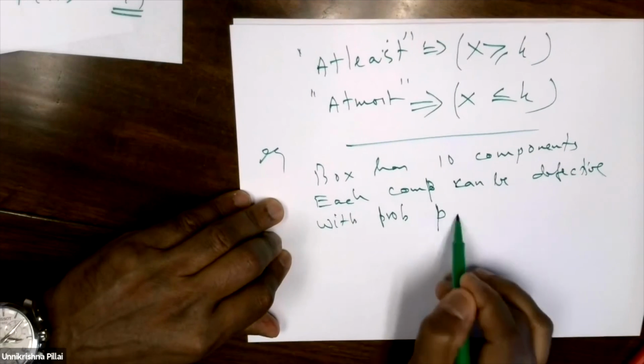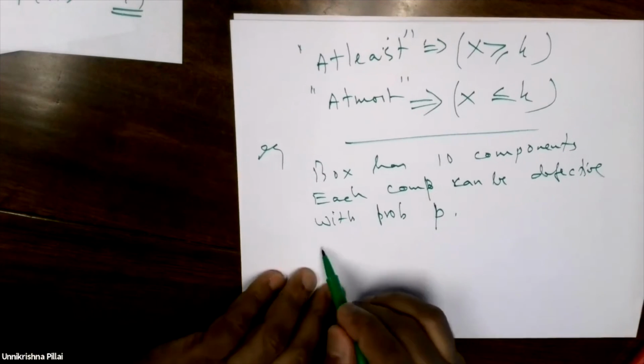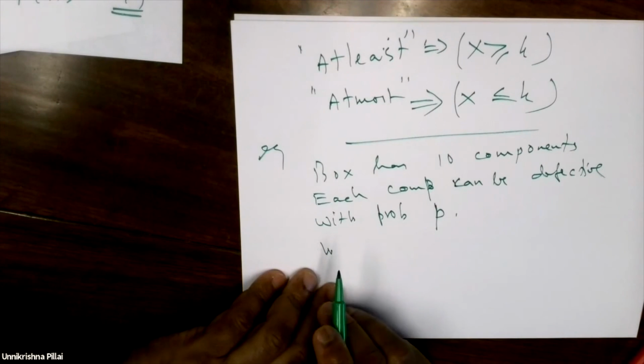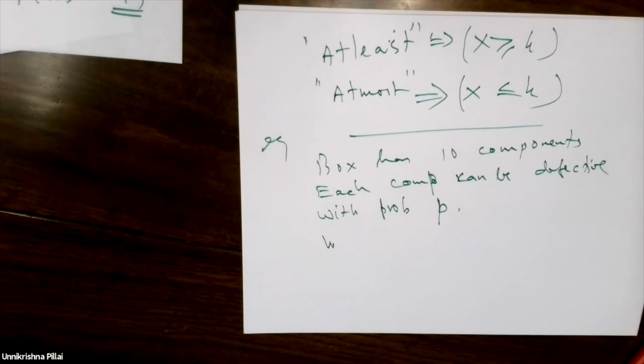So a box has 10 components, say 10 bulbs. Each bulb can be defective with probability p. So what is the probability that, let's say, at most 2 components are found to be defective?